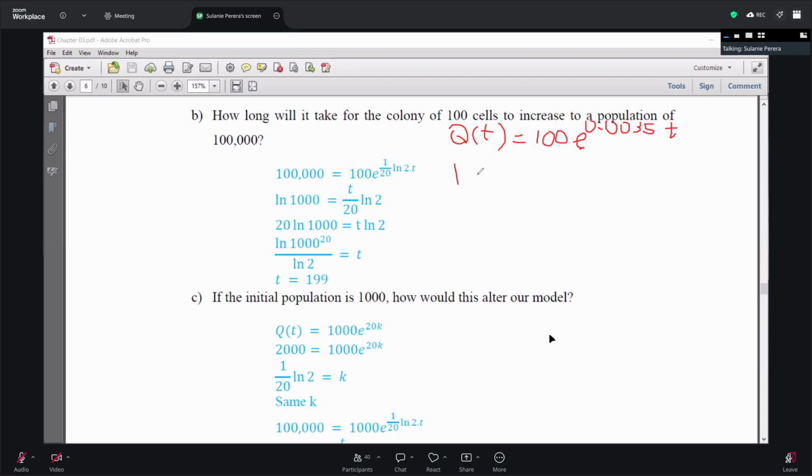So if the population is 100,000, then 100 e to the whatever k, I can't remember the exact value. So we can divide by 100 and then take ln on both sides.